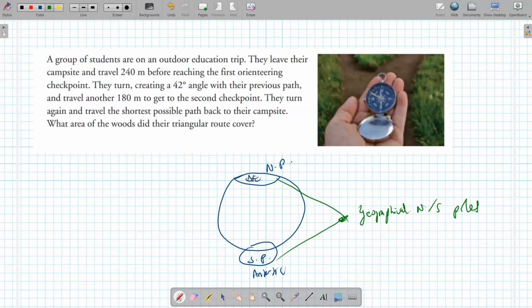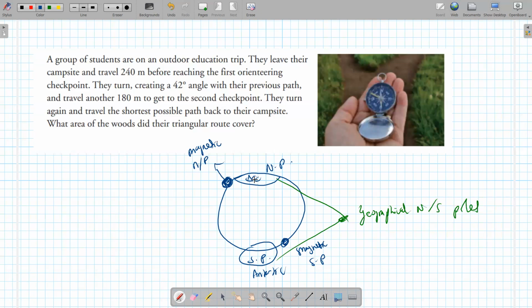Compass doesn't care about the Arctic or the Antarctic. There exists something else, somewhere here. This is called the magnetic North Pole. And the magnetic South Pole is somewhere here. And this is what the compass measures, okay?